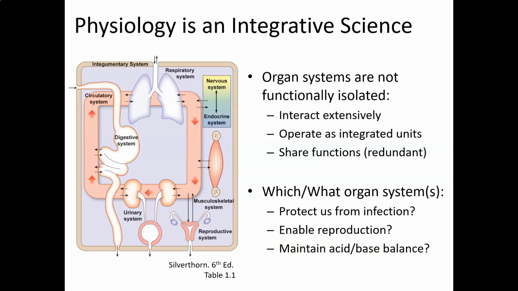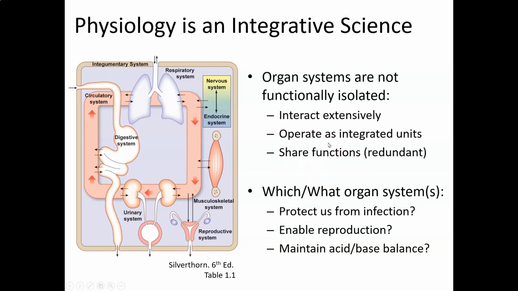Now, one of the other things that makes physiology study a little more difficult is that physiology is an integrative science. Our organ systems are not functionally isolated, and they depend on each other in order to function properly. And so in many ways, they are integrated units.